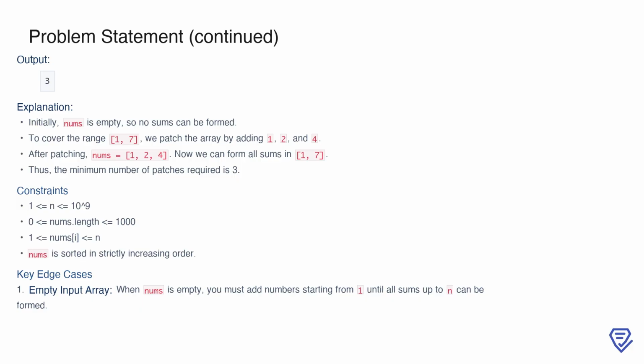With these 3 patches, the array becomes 1, 2, 4, and now we can form all numbers in the range 1 to 7. For example, 1 is the first patch, 2 is the second, 3 is 1 plus 2, 4 is the third patch, 5 is 1 plus 4, 6 is 2 plus 4, and 7 is 1 plus 2 plus 4. Thus, to cover the entire range, the minimum number of patches required is 3.